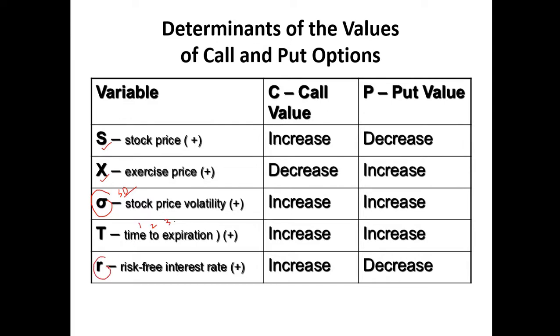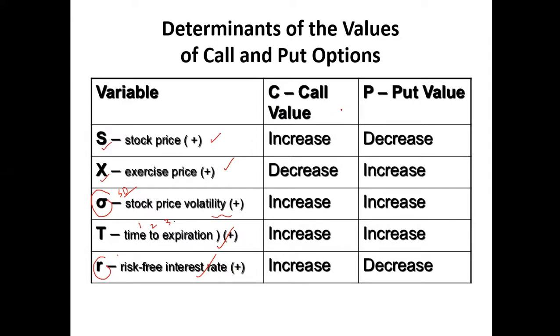And R is the risk-free rate. So 5 variables are there. Four are readily available; the only thing that has to be calculated for every stock is the volatility. Based on these things, they have come out with a landmark formula, which is known as the Black and Scholes formula.